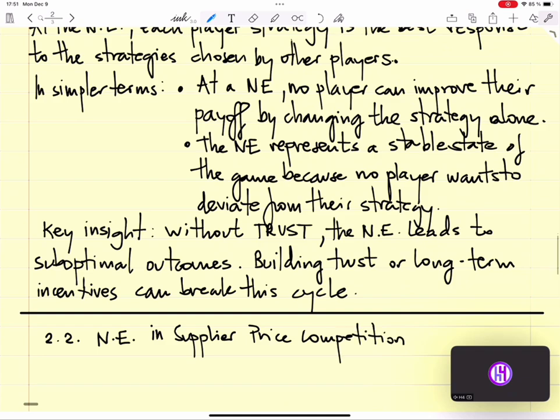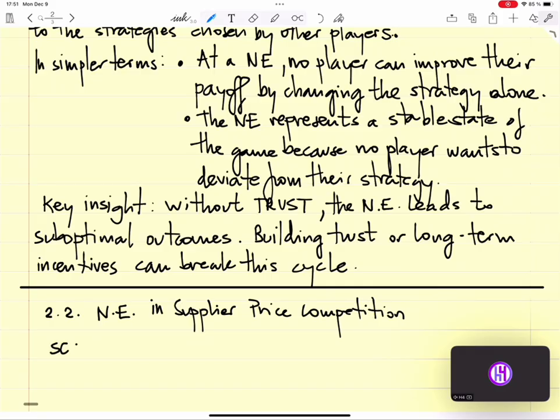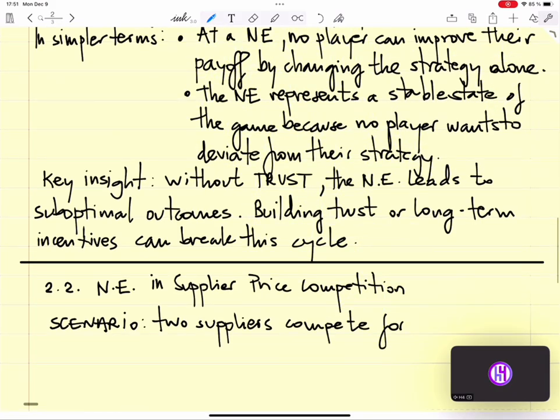So the scenario here, two suppliers compete for a buyer's business by offering discounts.